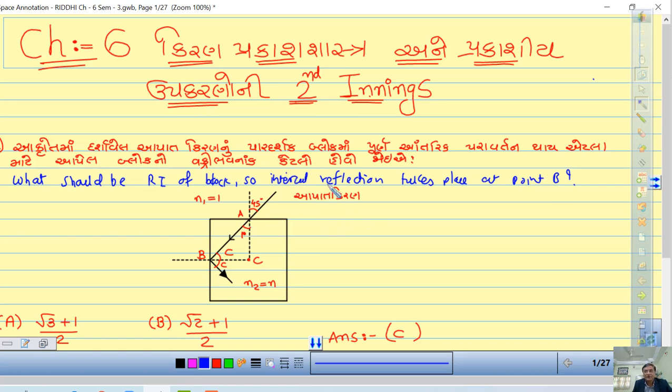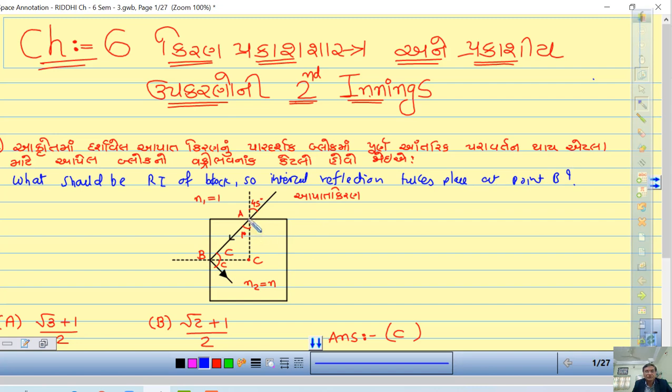So for that, here 45 degree, here is R. So we can apply Snell's law here, and we use this reflection condition, total internal reflection at point B, and we try to find out.